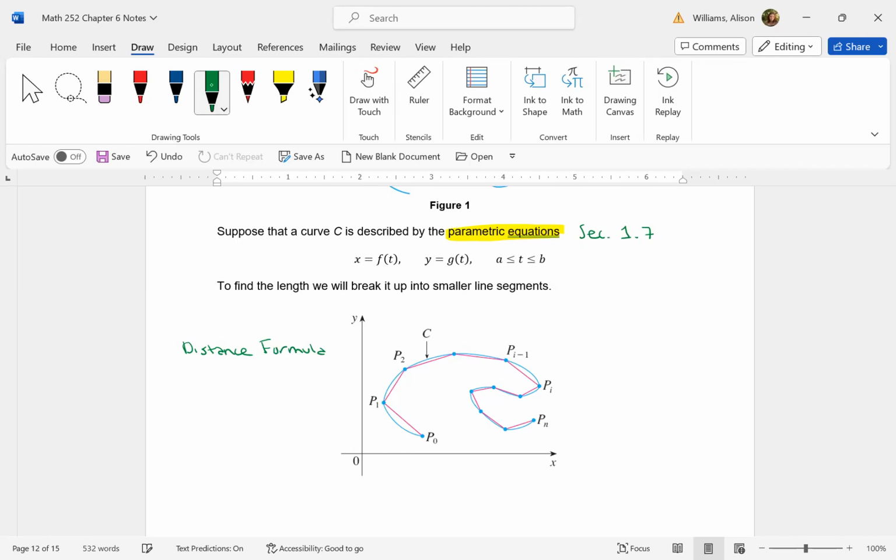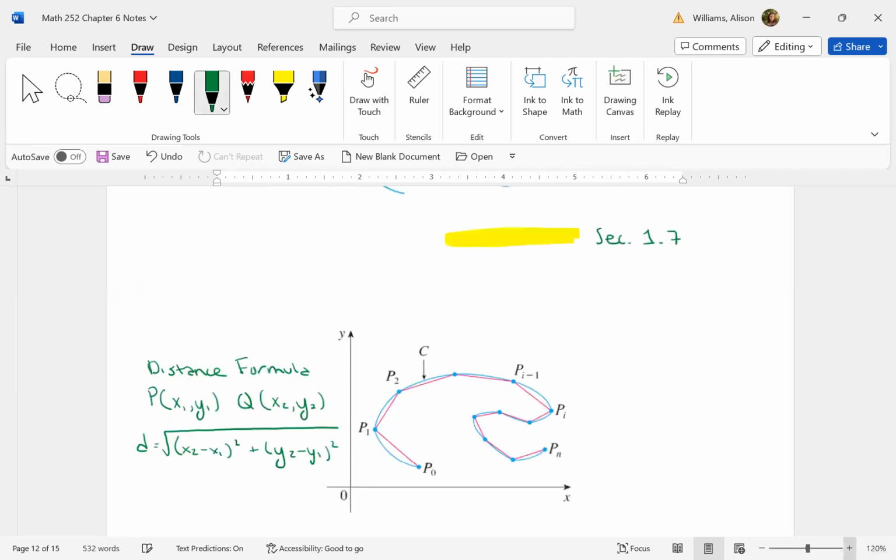If I wanted to find the distance between 2 points, so let's say the point P, which is x1, y1, and the point Q, which we'll call x2, y2, that distance is given by the square root of x2 minus x1 squared plus y2 minus y1 squared.